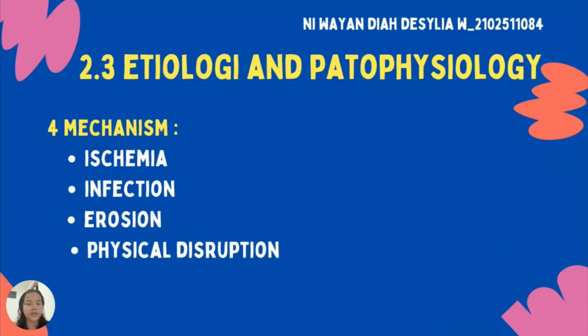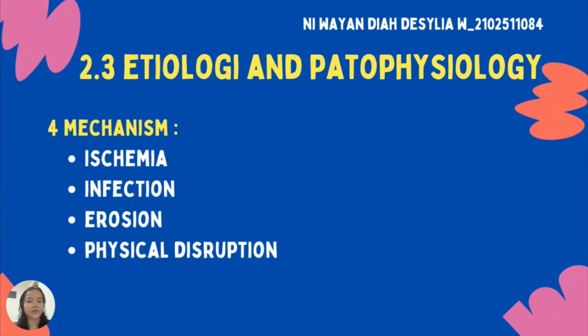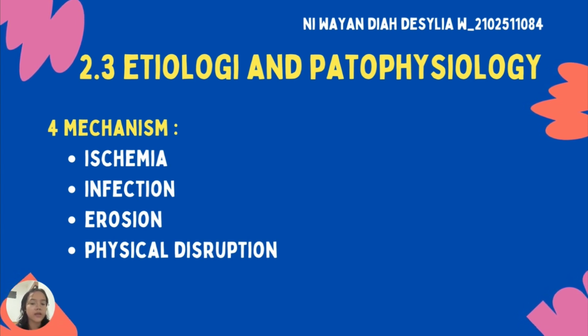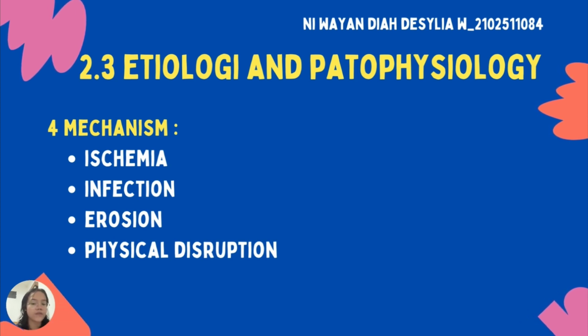My name is Nureni Desari with the last digits of my student number being 084. Intestinal perforation results from a destruction of the intestinal tract that causes spilling of air and digestive content into the peritoneal cavity. There are 4 mechanisms that cause intestinal perforation, including ischemia, infection, erosion, and physical disruption. Elderly people are more likely to experience intestinal perforation due to ischemia, particularly if they have a history of heavy smoking, coronary artery disease, or clotting disorder.